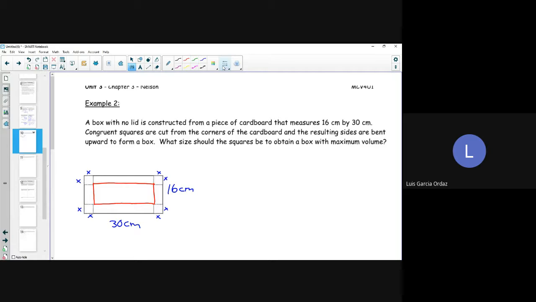So what would my length and width be if I cut squares on either side of the box? What would my new length be? Because remember, I have to fold this up, which means my length is going to shrink. So what would be my new, thank you, 30 minus 2x? And what would my width be? 16 minus 2x, perfect.